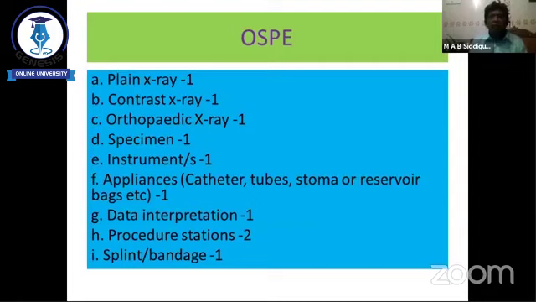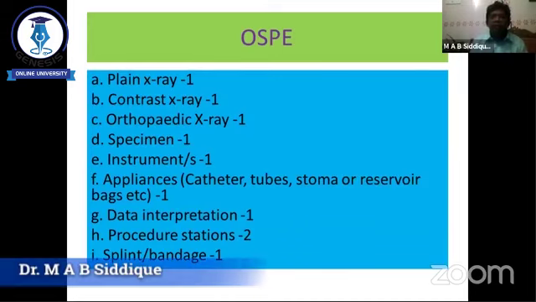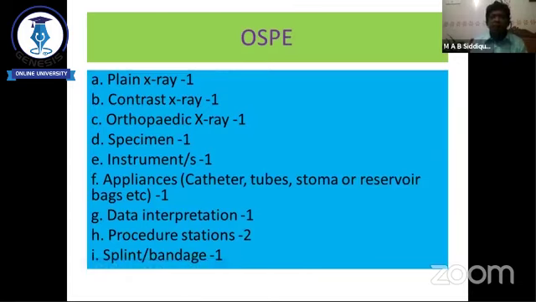There are some principles to write answers in OSPE. In OSPE, you will make answers in a word, not in a sentence. You will try to make answers short, in a word, and specific, not elaborating the whole thing because the time is limited.